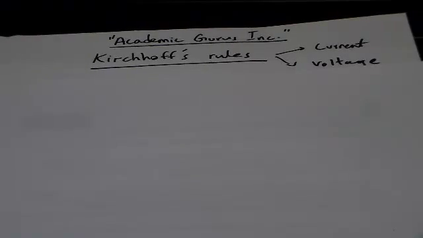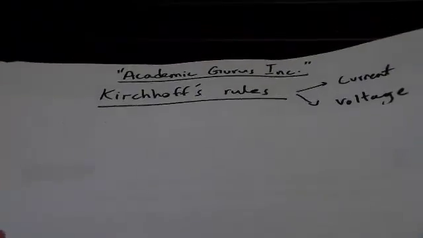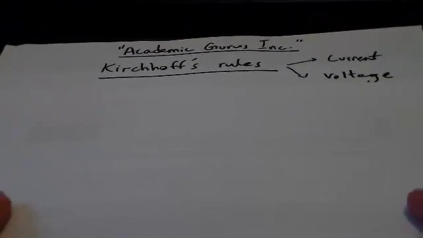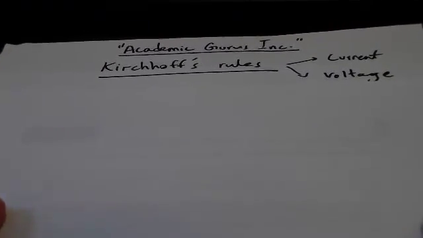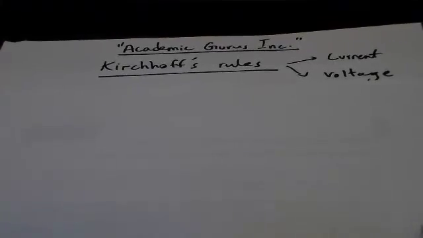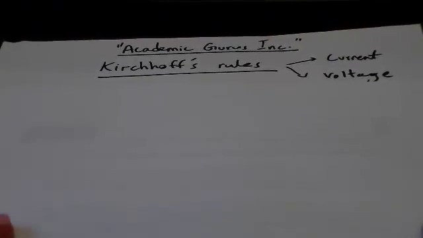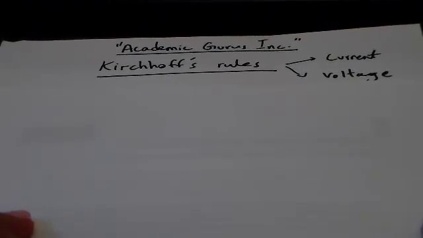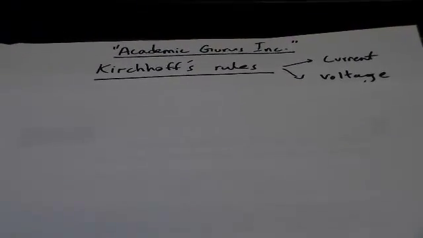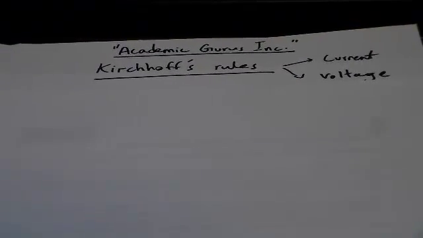These two rules are given as the current and voltage rule. One of them respects the fact that we have conservation of charge in a circuit.